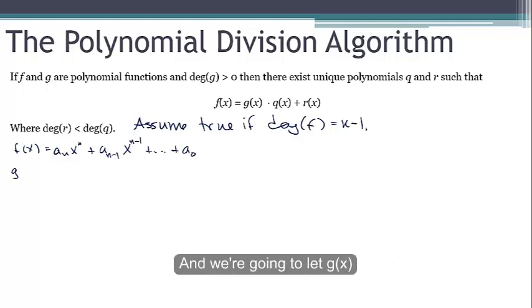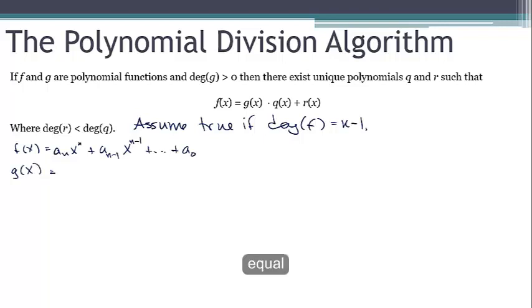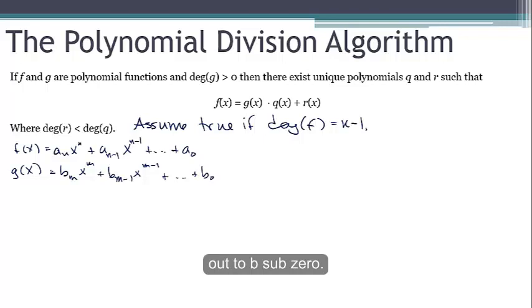And we're going to let g of x equal b sub m, x to the m, plus b sub m minus 1, x to the m minus 1, plus so on out to b sub 0.